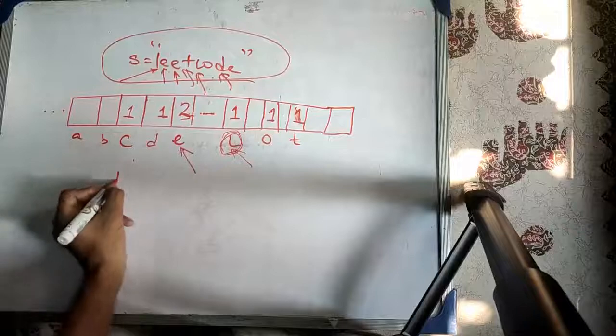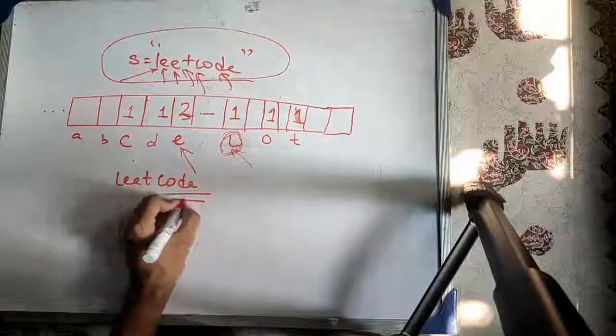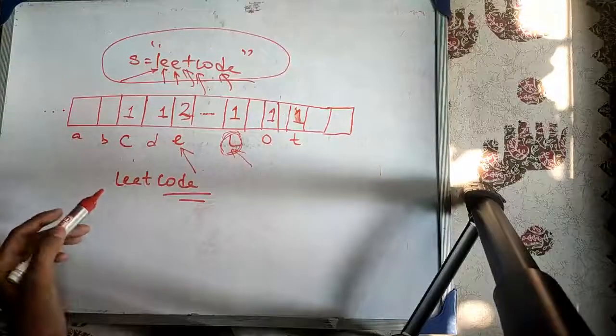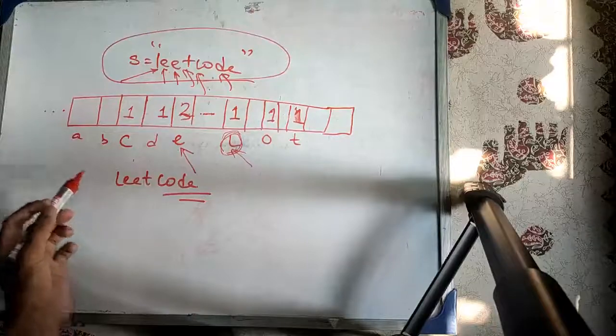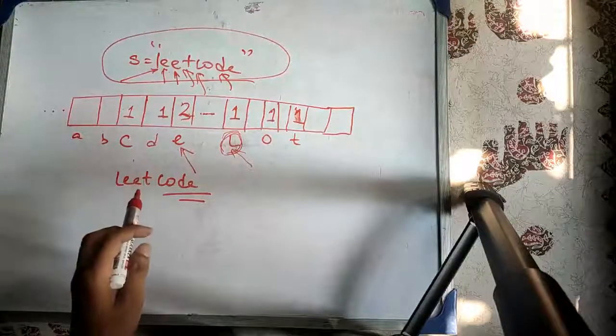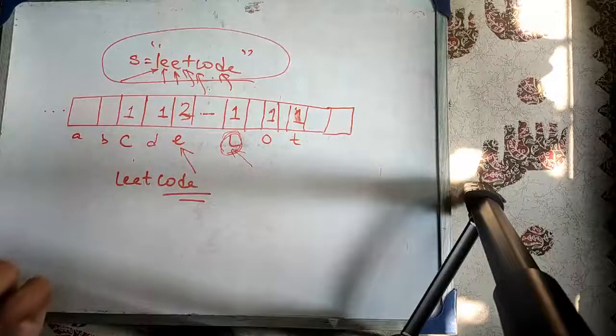Now we will iterate through this string again, and this time our strategy will be different. When we iterate, for the first character whose frequency is 1, we will return the index of that character.